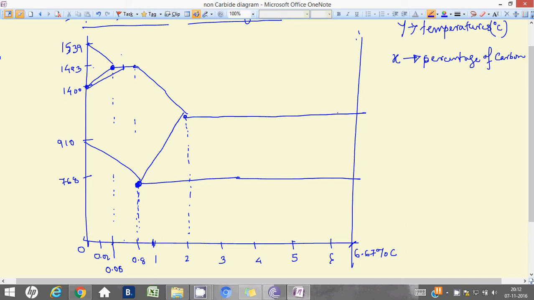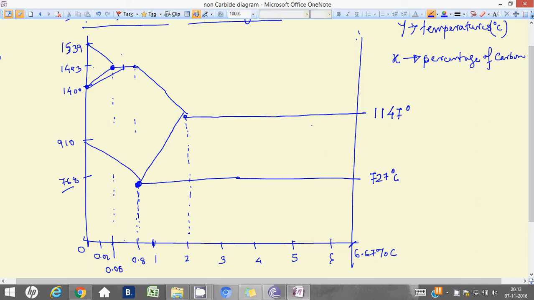These two straight lines are the transformation phase line, you can say. It is around 1147 degrees, and since it's less than this 768, it's around 727.